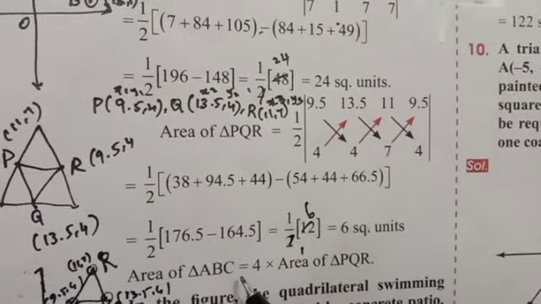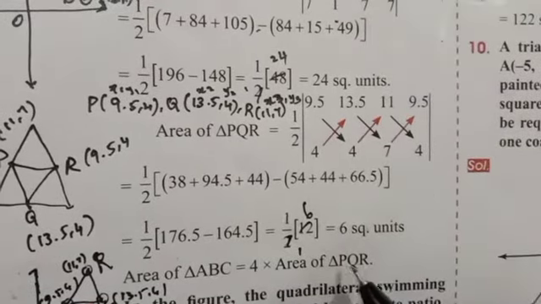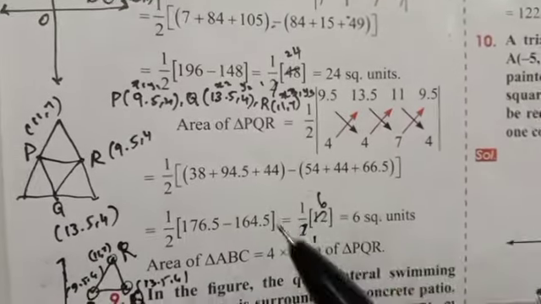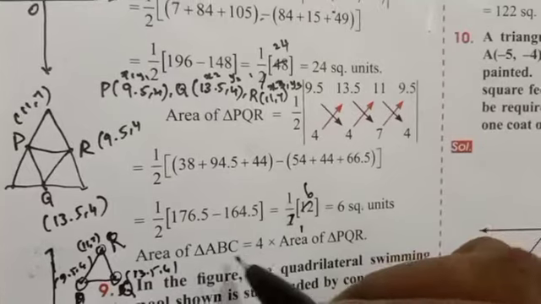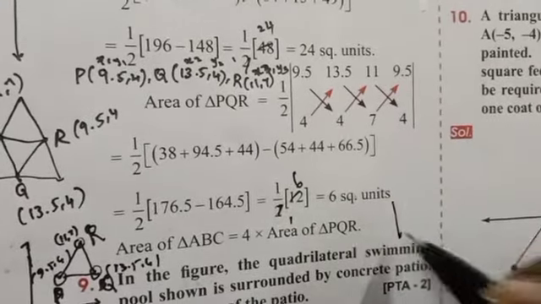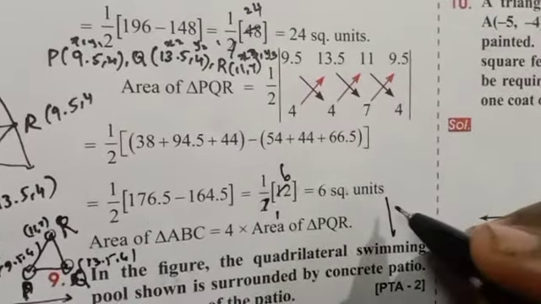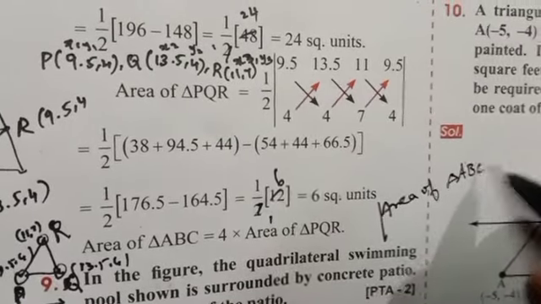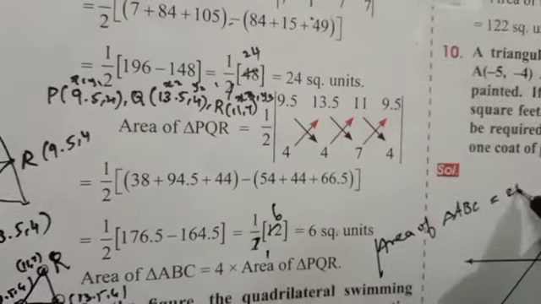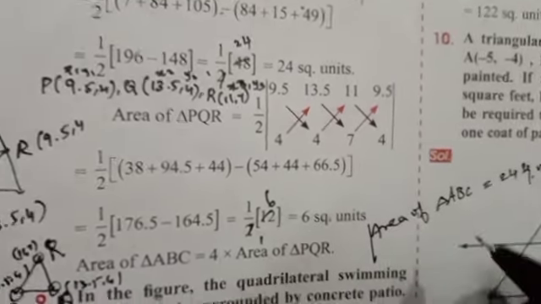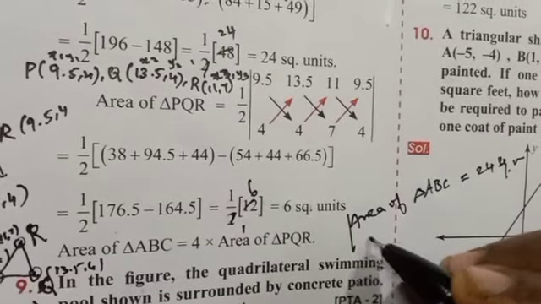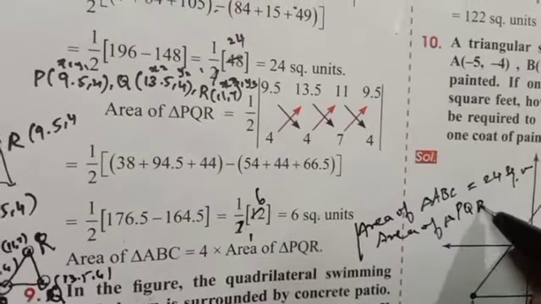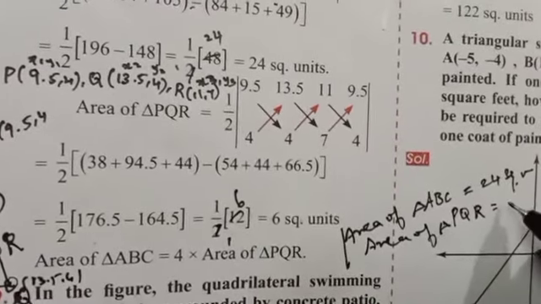So the area of triangle ABC is equal to 4 into the area of triangle PQR. Have you understood this? The area of triangle ABC is 24 square units, and the area of triangle PQR is 6 square units.